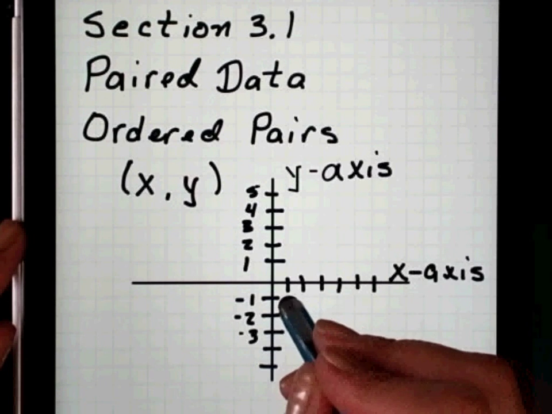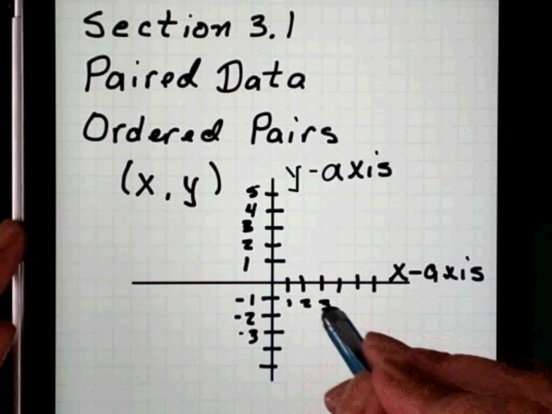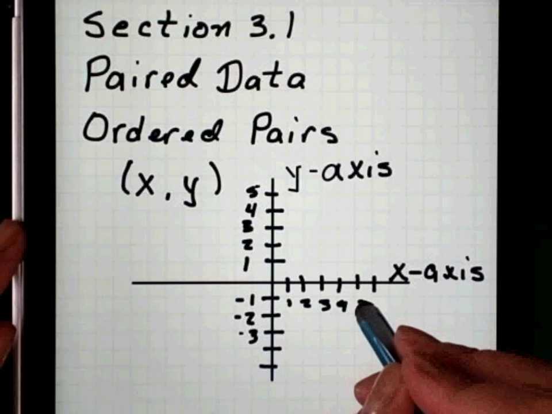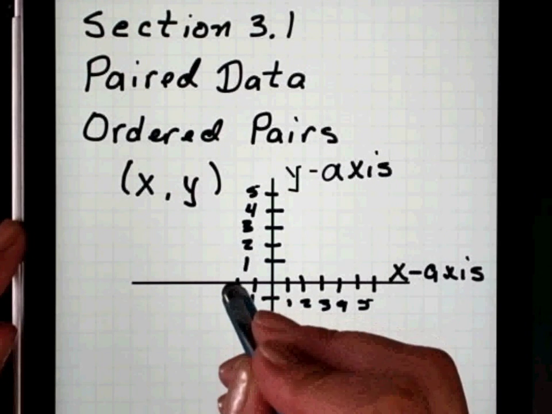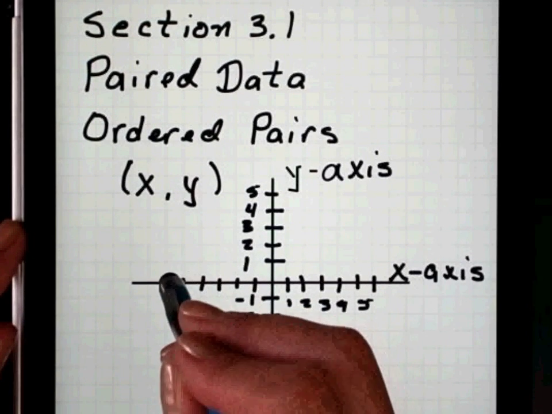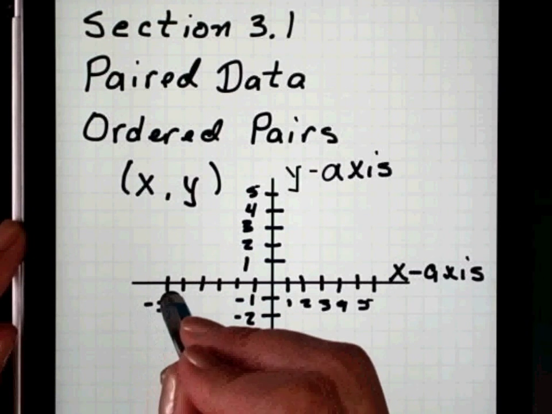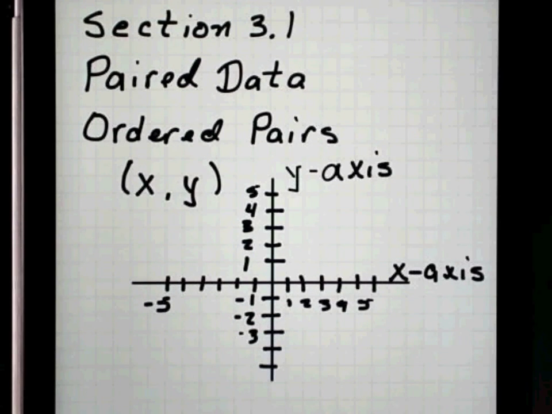Positive numbers are to the right, negative numbers to the left. On the axis I've drawn, each tick mark represents one number. Always when we draw these, positive will be on the right, negative will be on the left. Positive will be on the top, negative will be on the bottom.